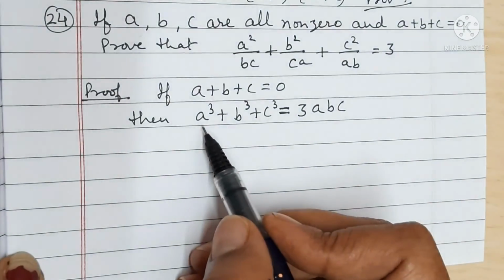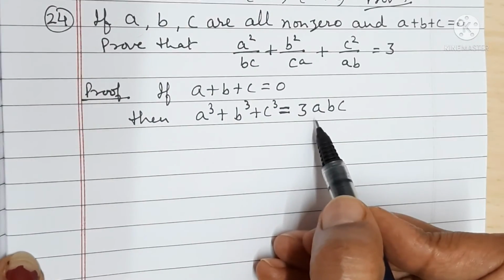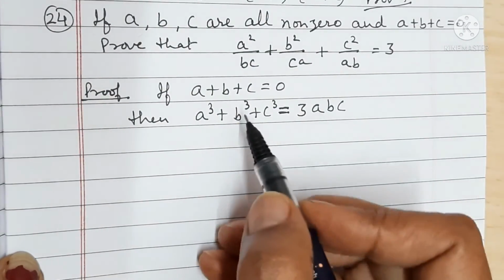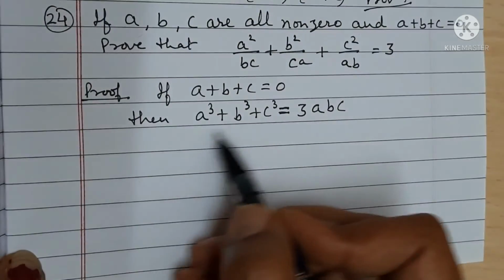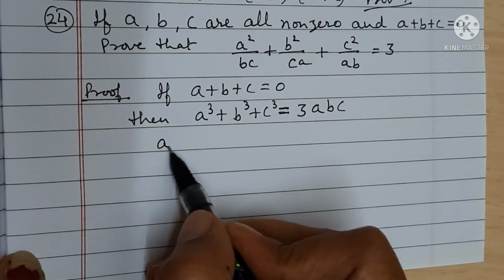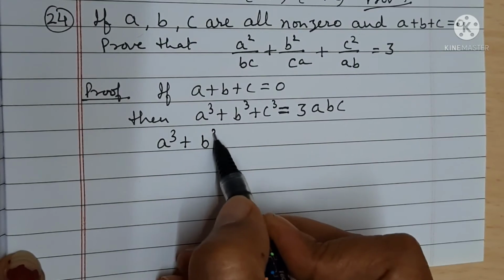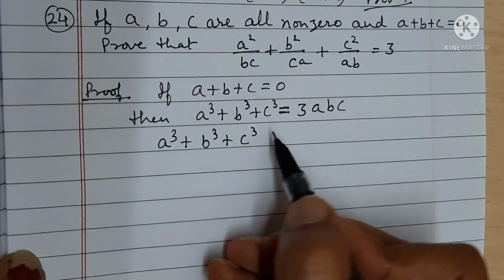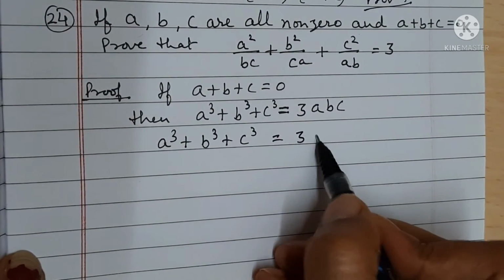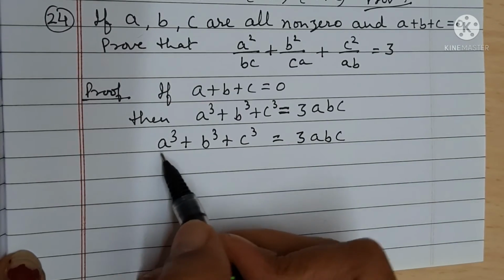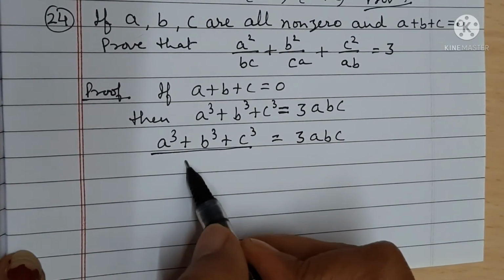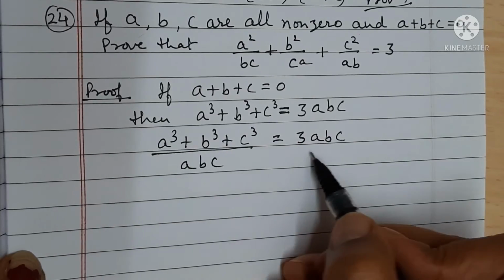Now divide both sides by abc. On dividing, you will get a cube plus b cube plus c cube is equal to 3abc upon abc.